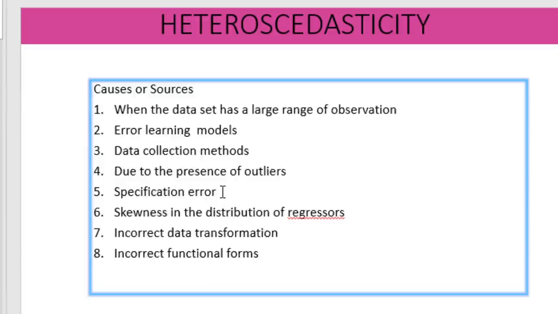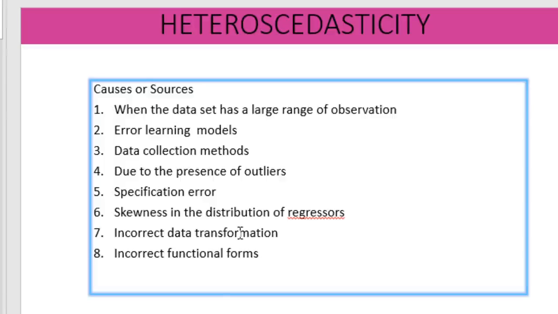If the model is not correctly specified, then also there will be the problem of heteroscedasticity. Skewness in the distribution of one or more regressors included in the model is another important reason.